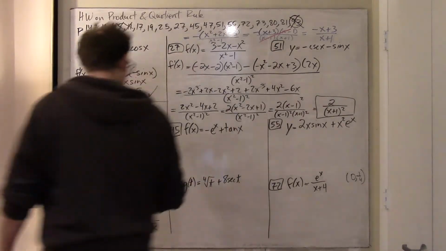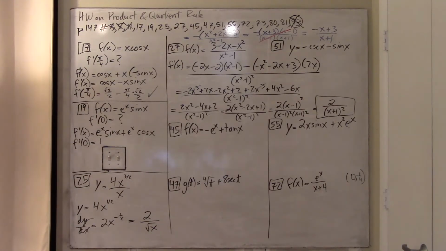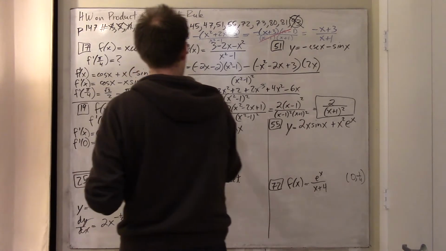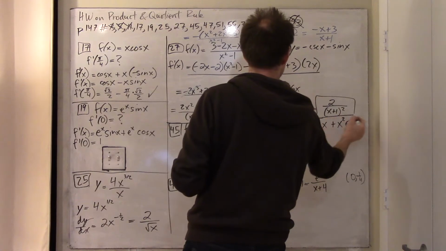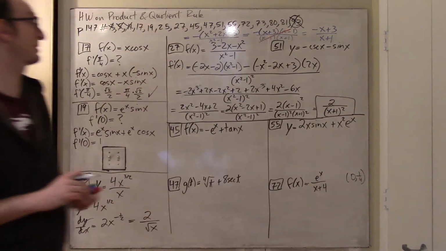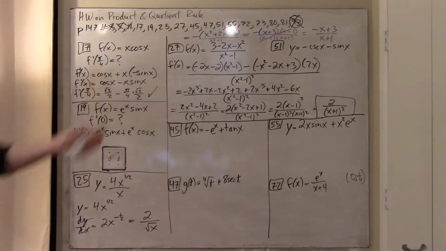In fact, okay, this is getting to be some bad board management here, so let me draw a horizontal line. I stand by this answer, 2 over x plus 1 squared, which I got by just mindlessly doing the chain rule.